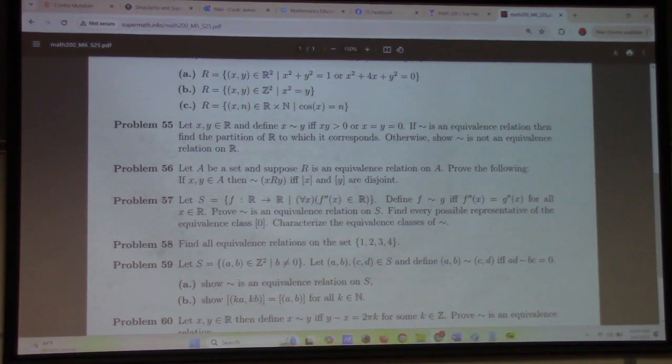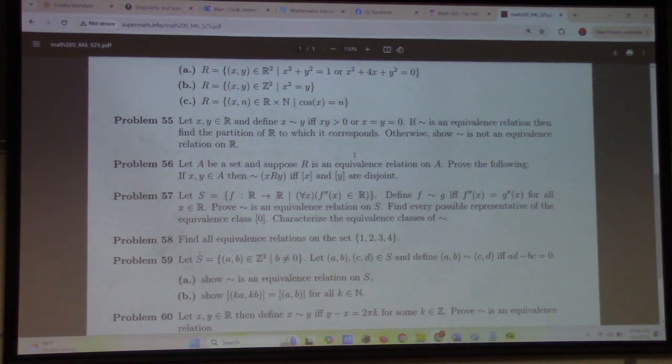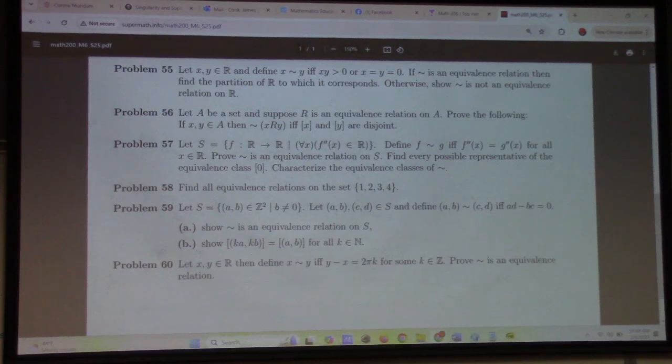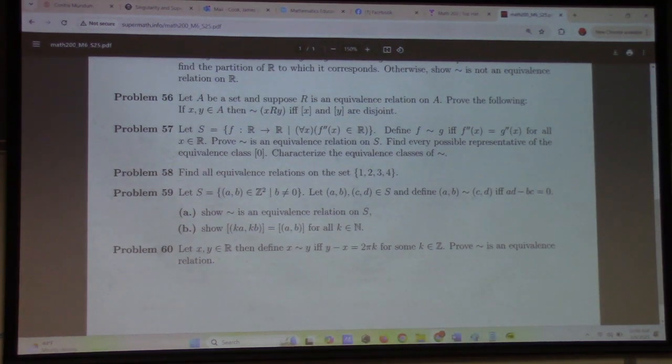I'll tell you that, so you need to figure out why that is. Problem 56 is the thing I need to be careful not to finish proving today. Problem 57 is a slightly souped up version of my example 2.